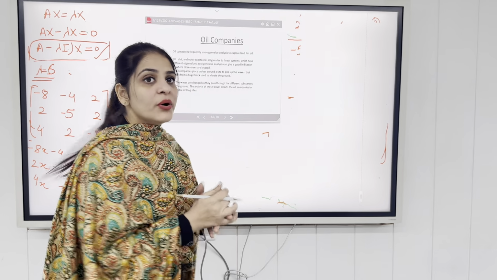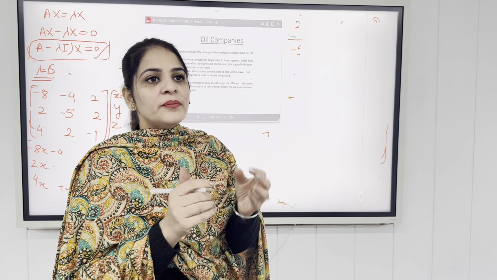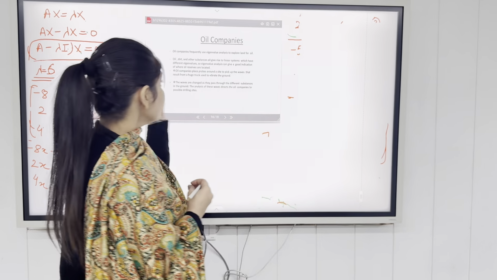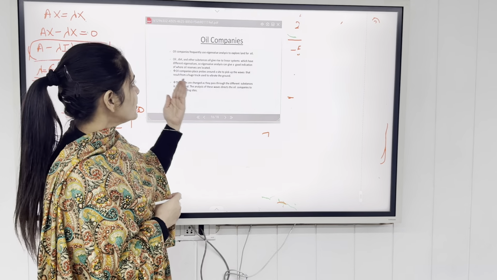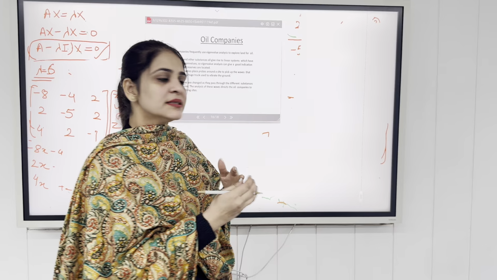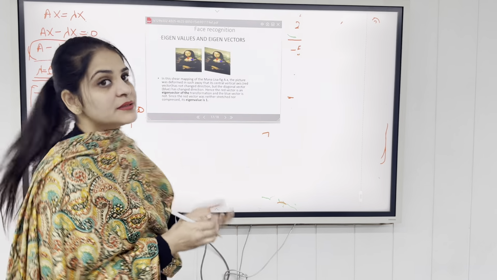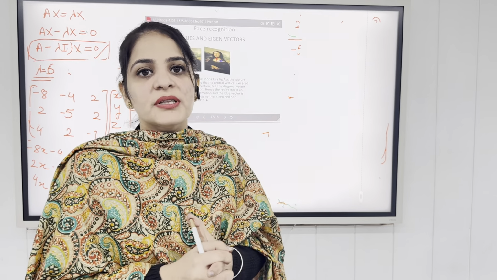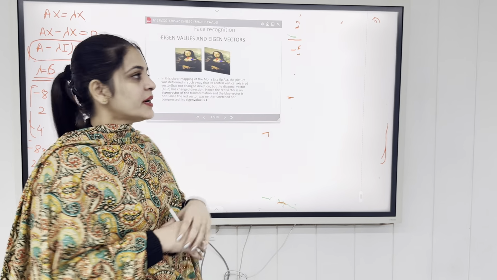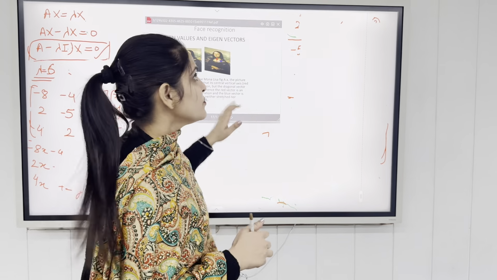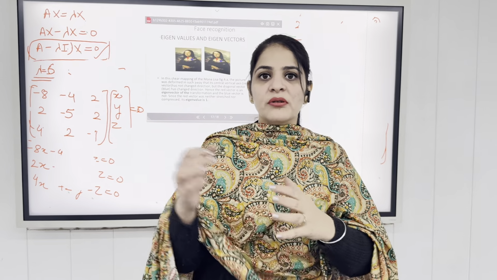Another is oil companies, where the oil reserves can be calculated by eigenvalue analysis. And another, the most common, is face recognition. These are the eigenfaces, which can also be studied by eigenvalues and eigenvectors. This is also used in making bridges.